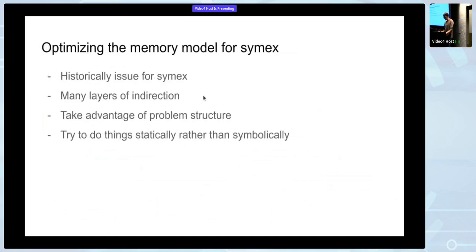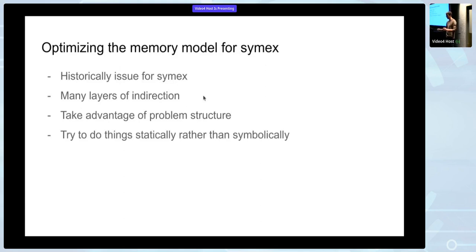So now our second major optimization is how to optimize the memory model for symbolic execution. Memory is historically a huge issue for symbolic execution because it's just this massive array, which SMT solvers have a hard time dealing with. The major cause here is that there's a lot of layers of indirection. If you're storing pointers in memory, suddenly you have a symbolic lookup to some symbolic value, which is then itself going to go back in and do some symbolic lookup.